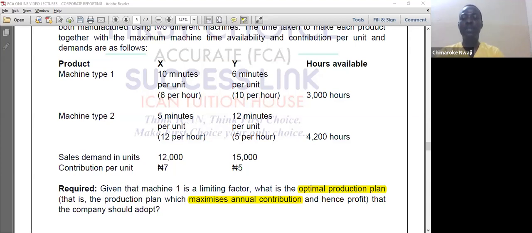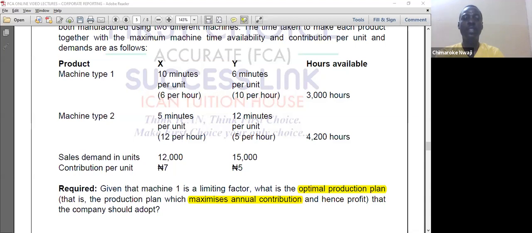Now we'll go to step 6. Step 6 says your production plan. What is your production plan? We do our ranking and put our first and second here. Your first is product Y, the second is product X. Beautiful.